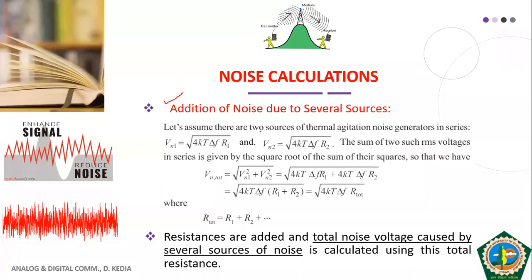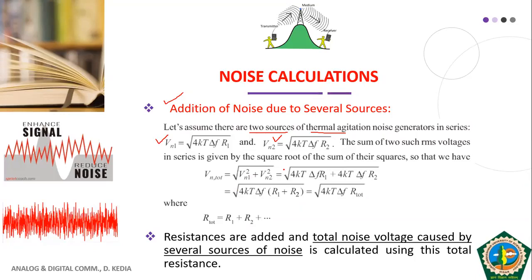So here we assume that there are two sources of thermal agitation, and these noise generators are in series. So your noise voltage due to source 1 is Vn1, noise voltage due to source 2 is Vn2. The total noise voltage will be the sum of squares of these noise voltages under the root.